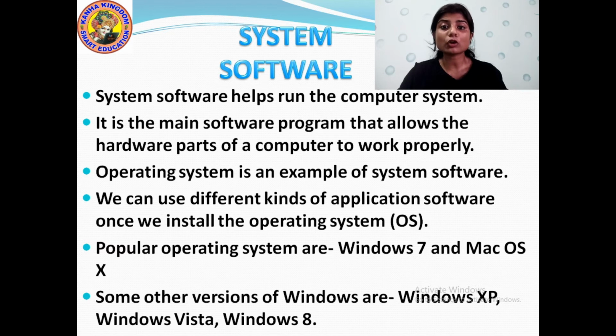Operating system, what operating system are you using? It is an example of system software like Windows, whether you are using Windows 7, these are some Windows operating software by which a computer system works. Okay, so operating system is an example of system software. There are different types of operating system.